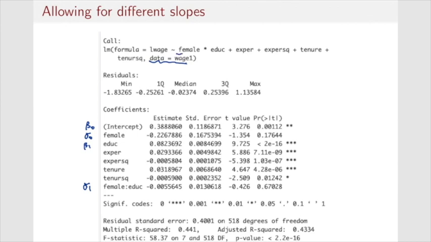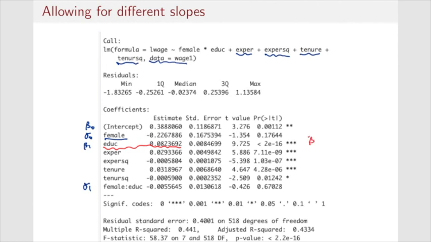We similarly use the dataset wage1 and run the regression. Besides gender and education, I also control for experience squared, tenure, and tenure squared. First, let's check the estimates for the marginal return for education for males and females.